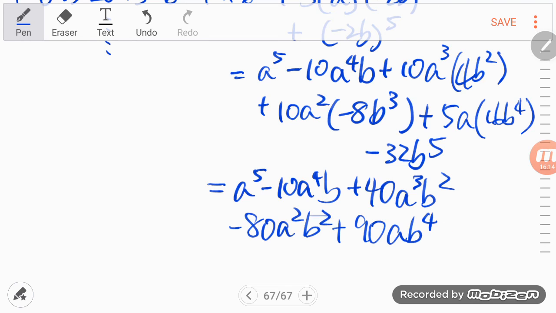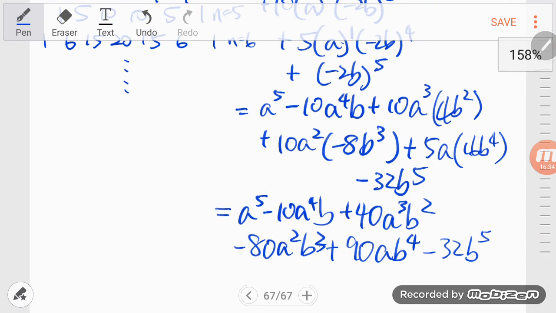Is that right? I think I messed up a b over here. This should be b cubed. Yes, this should be b cubed. Nice. So 5 times 16, that's 80ab to the power of 4, minus 32b to the power of 5.